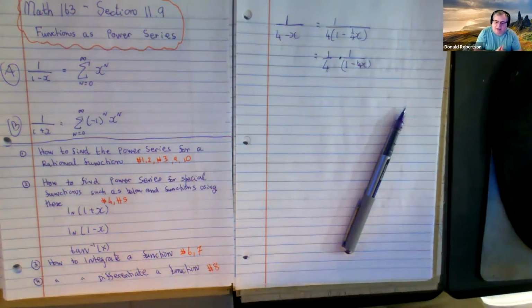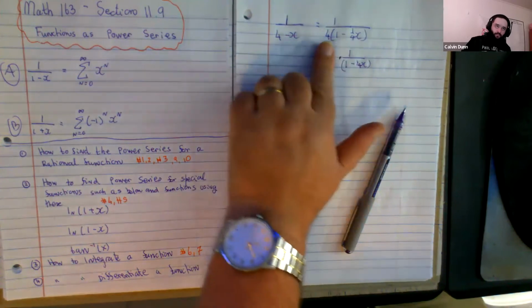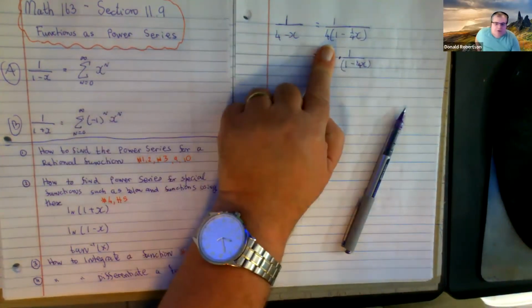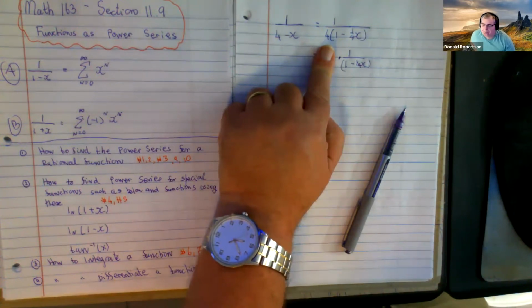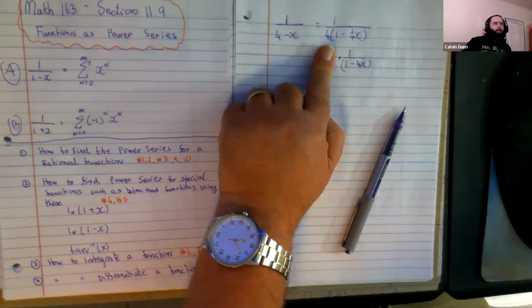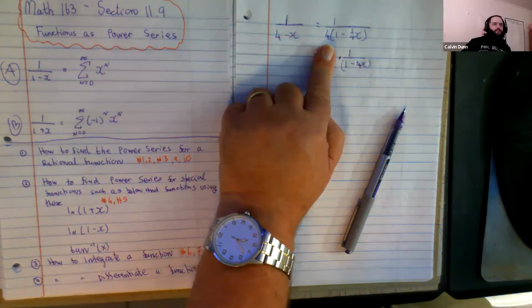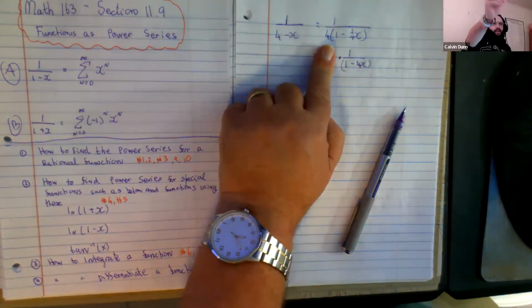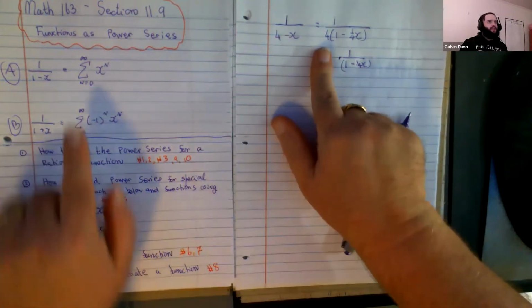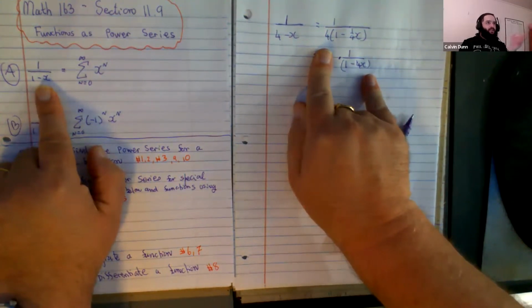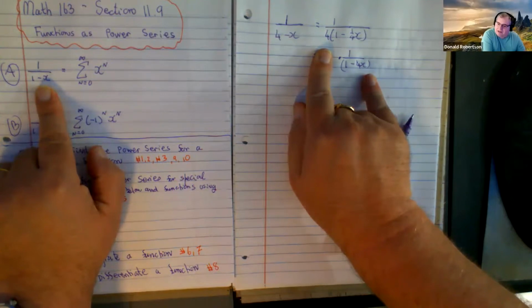Okay, Calvin, you're getting thrown in the hot seat here. See this 1 over 1 minus a quarter x? Which one of these two formulas do you think I'm going to use with it? I want to say that you're going to use A. And you're right. What made you think A? Just looking at the fraction, it looks almost completely similar to A. 1 minus x, but there's a quarter in the front.